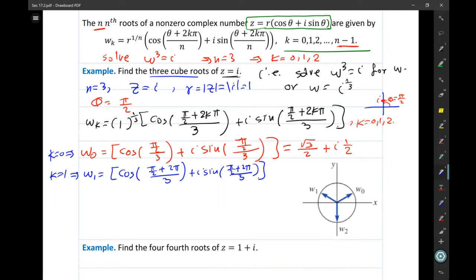This becomes cosine of (pi over 2 plus 2 pi) divided by 3. Pi over 2 plus 2 pi gives 5 pi over 2, divided by 3, which becomes 5 pi over 6.